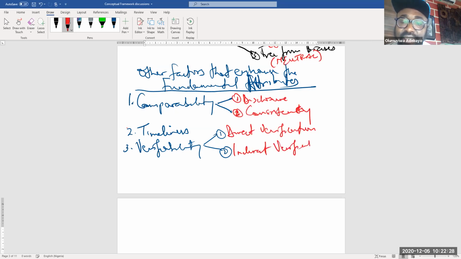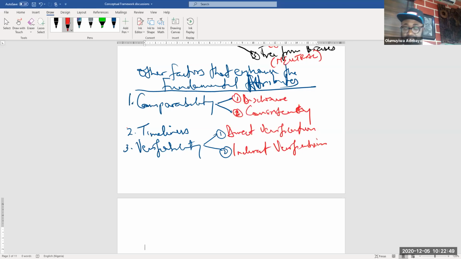What does that mean? Indirect verification implies that you are more or less intuitively trying to appraise the judgment made by management, the assumptions made by management, the estimation made by management.